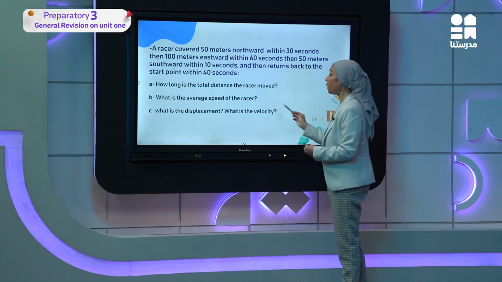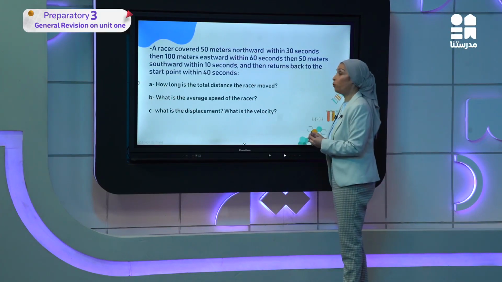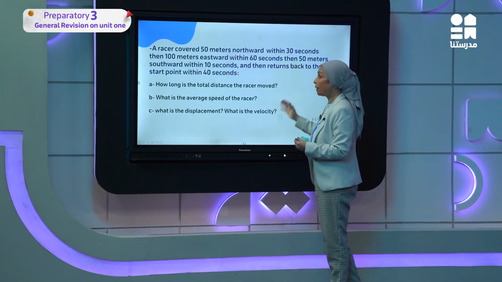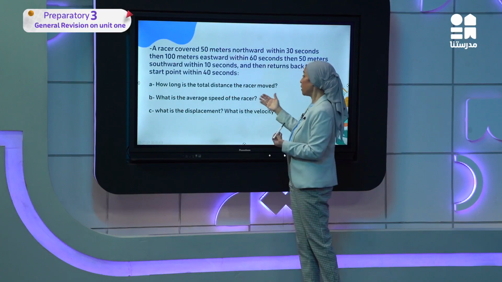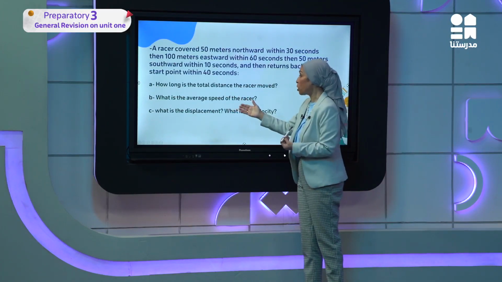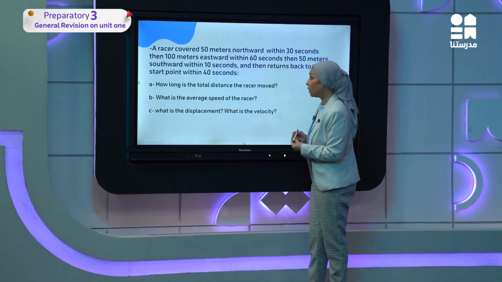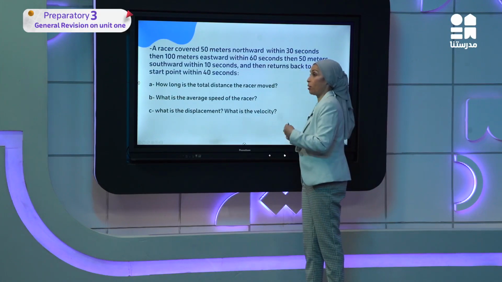We return back to the starting point within 40 seconds. The questions: how long is the total distance the racer moved, what is the average speed of the racer, and what is the displacement and the velocity.